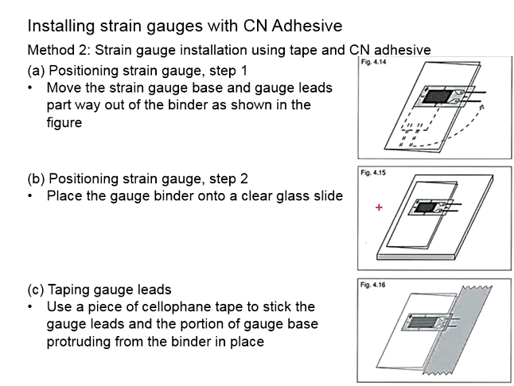And then you place the gauge binder on a clear glass slide as demonstrated in the figure here. Having this side exposed, which is slightly extruded from the binder, you will use a piece of cellophane tape to stick onto the gauge leads and the portions of the gauge base so that you can handle the strain gauge later.